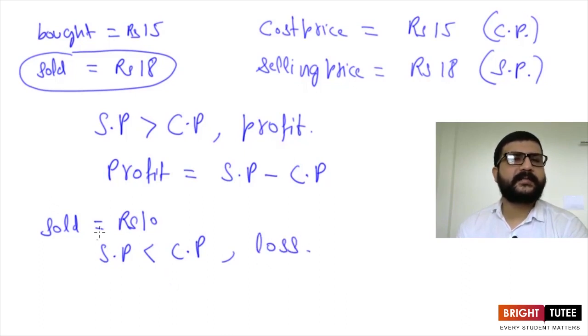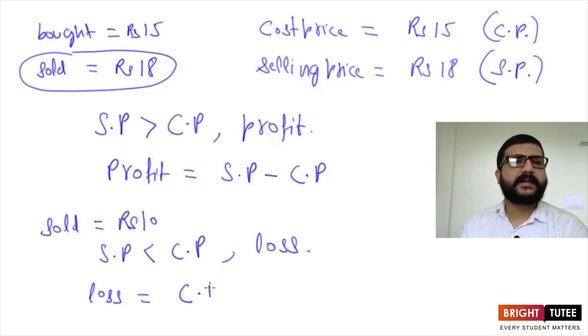Now how much did we lose here? We bought the item at rupees 15 and we sold it at rupees 10. So how much did we lose? We lost rupees 5. Now how we can get that? Let's see it. So loss, or amount we lost, is equal to again CP minus SP.